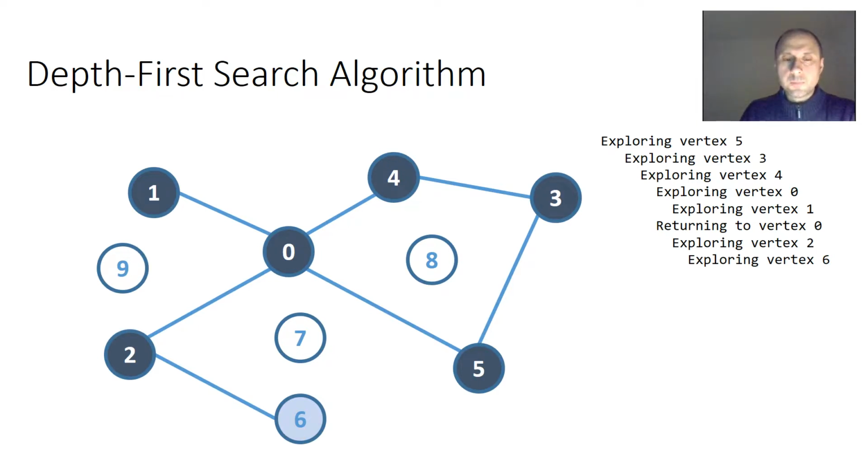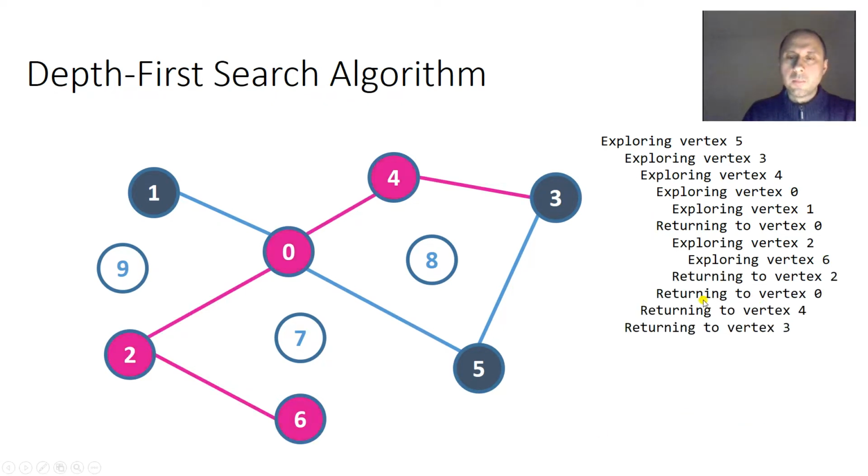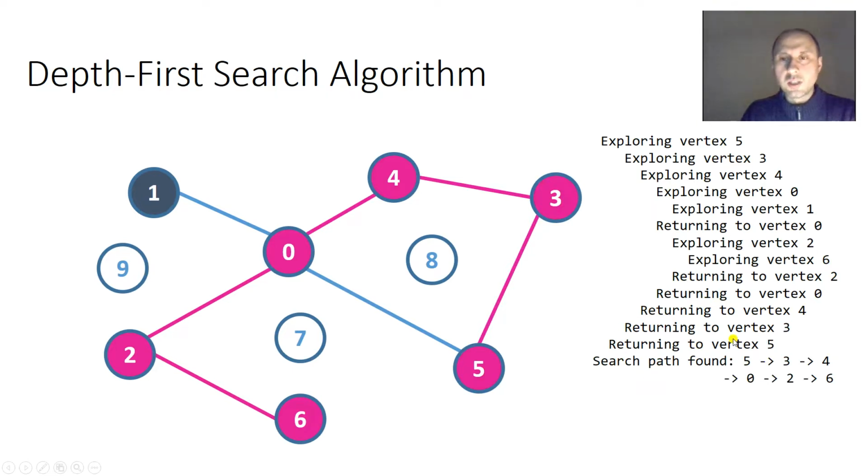So in our case, we will go backwards. This backtracking corresponds to returning from recursively called functions, and in our concrete example, this will look like going from 6. You can see here on the right side the output of the function, which you can run yourself.